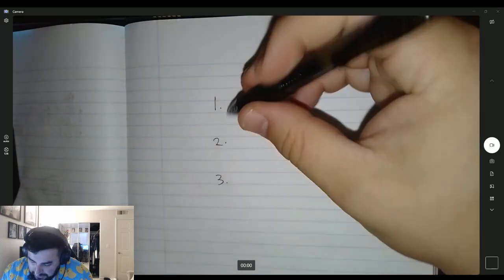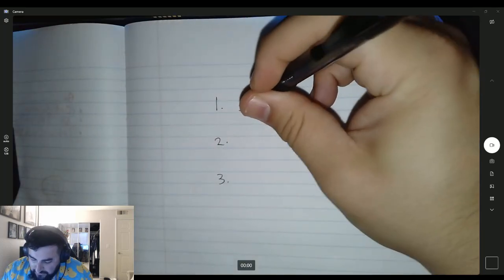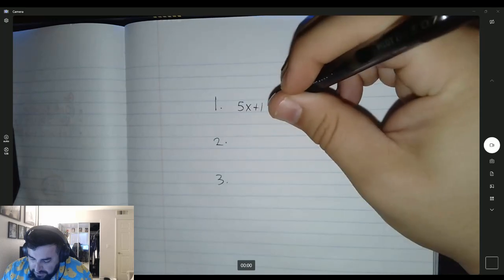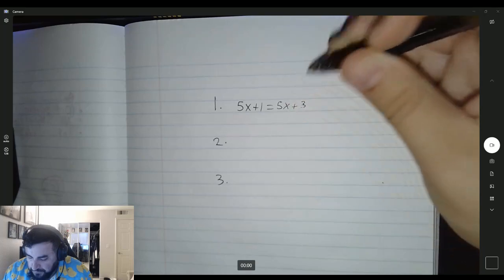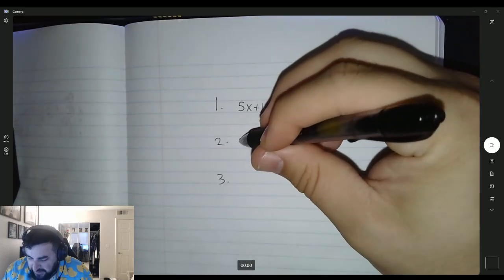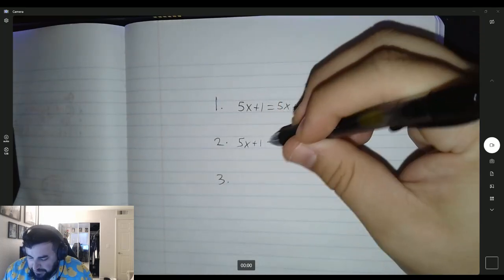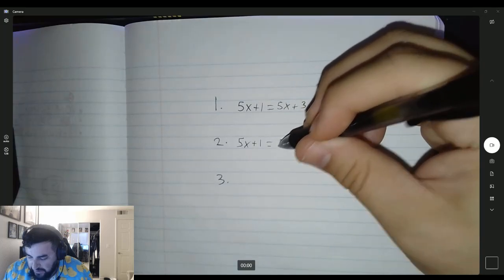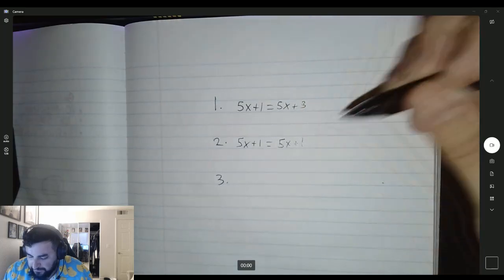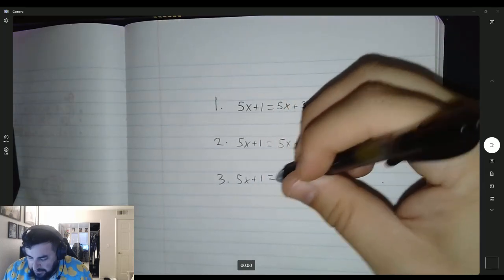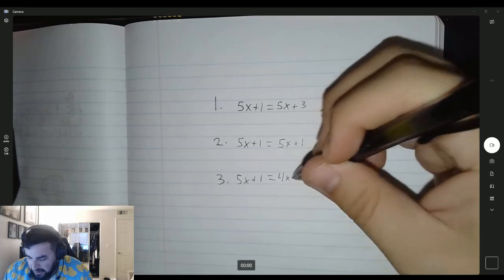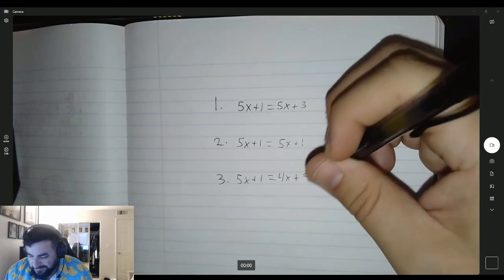So let's go: 5x plus 1 is equal to 5x plus 3. Over here, 5x plus 1 is equal to 5x plus 1. And over here we'll go 5x plus 1 is equal to 4x plus 3.